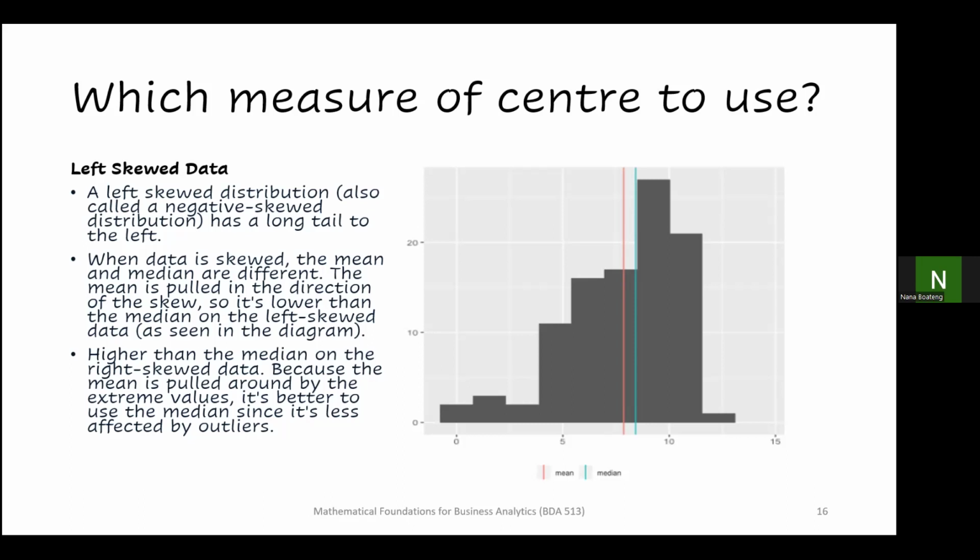If you have left skewed data and you want to calculate the measure of center, we use the median instead of the mean. So in terms of averages, use the median instead of the mean.